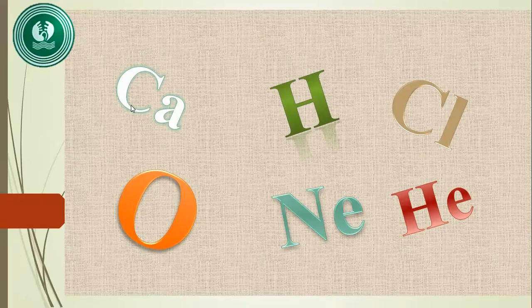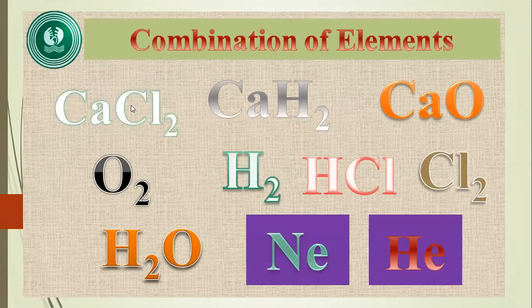Here are some compounds: calcium chloride, calcium hydride, calcium oxide, and some molecules: oxygen, hydrogen, hydrogen chloride, which we normally call hydrochloric acid, a chlorine molecule, and a water molecule.